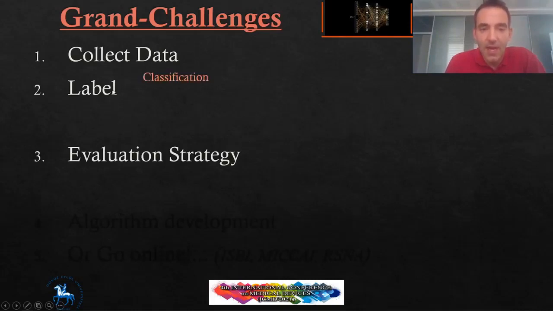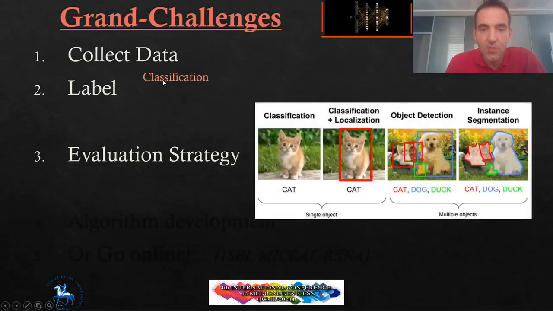Now, when we are labeling, if we have a classification problem, then here is a nice example with cats and dogs. If you have a classification problem, then what you need to do is just to say if there's a cat or not. So this is an easy kind of labeling. And if what you want to do is to localize it, then you have a classification plus localization problem.